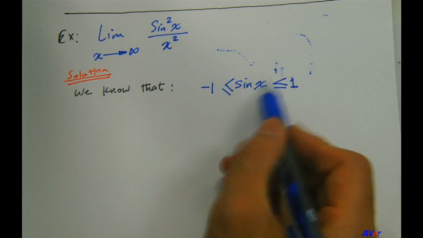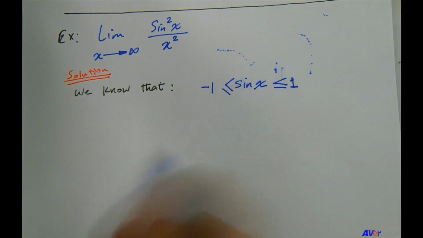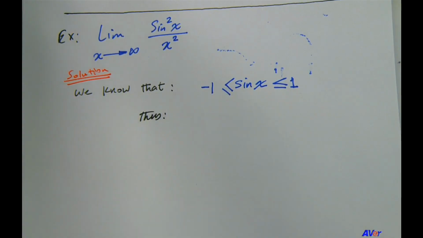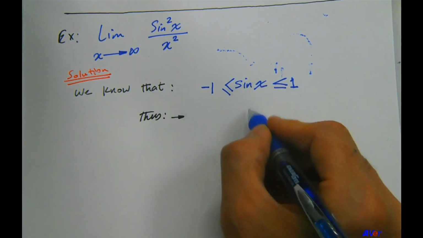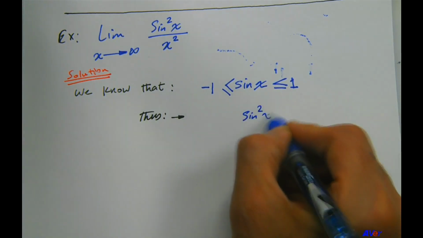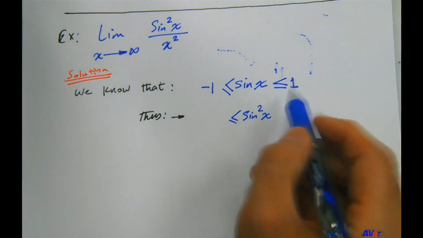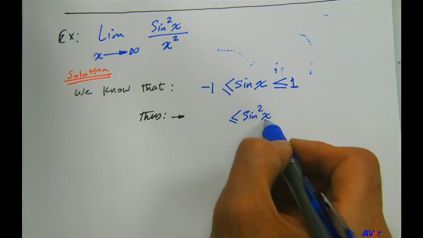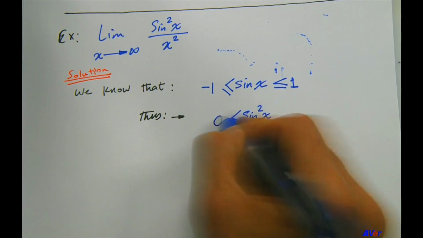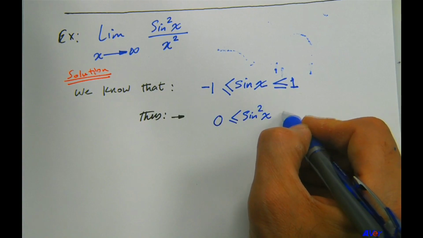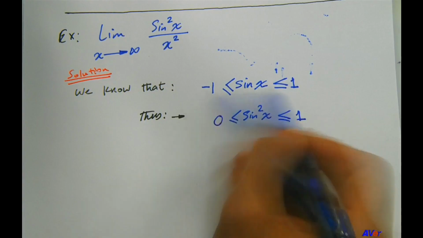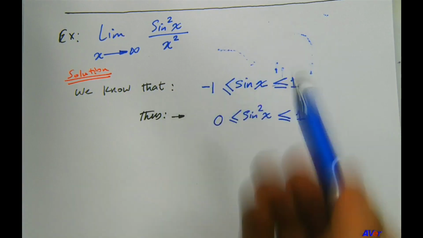So what happens if we square this? So therefore, if you square all these sides, you get sine squared x, and then sine squared of x varies from 0 to 1, right? Within this range, if you square the values, what are you going to get?